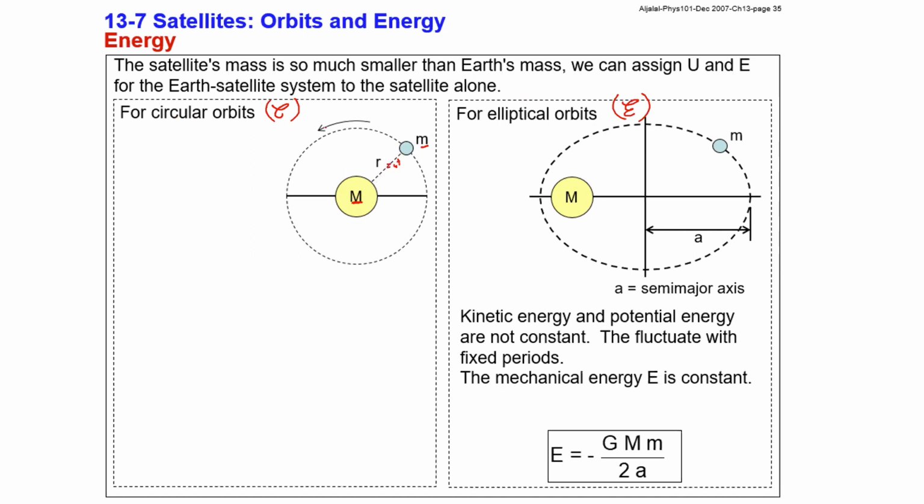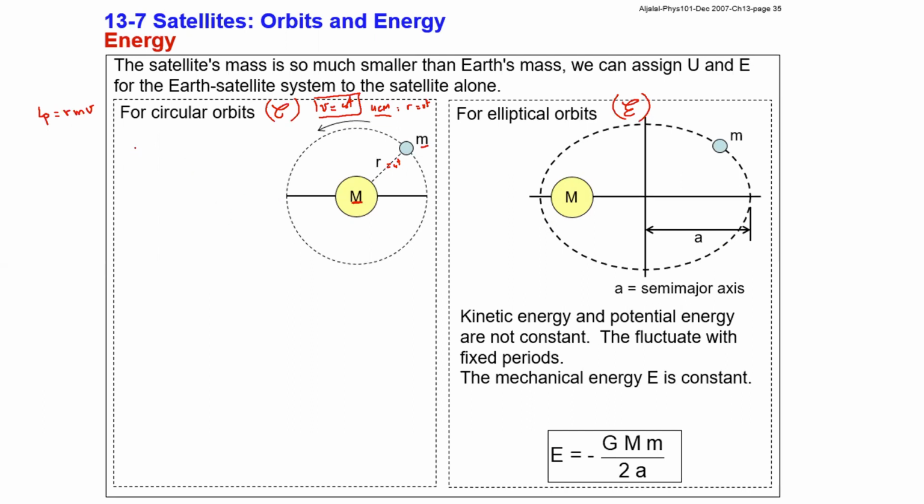Now, r being constant means that the speed is constant, because I have conservation of angular momentum for the satellite, basically r m v. So if I fix r, I'm fixing v. So for a circular orbit, in reality, I have a uniform circular motion, where r is constant and the speed is constant.